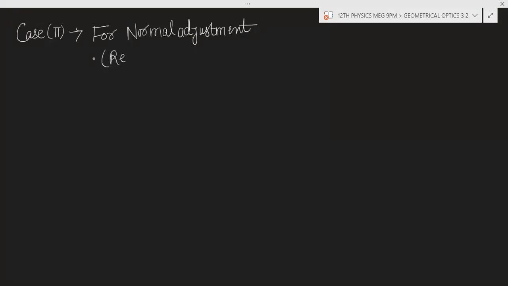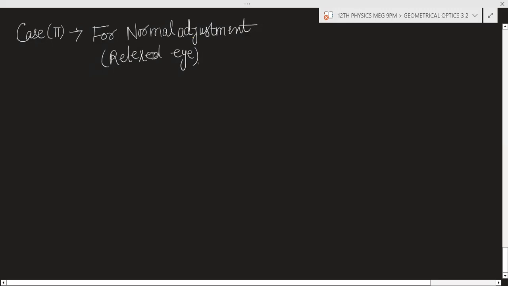Remember, for the normal adjustment or for the relaxed eye, the final image will form at infinity.